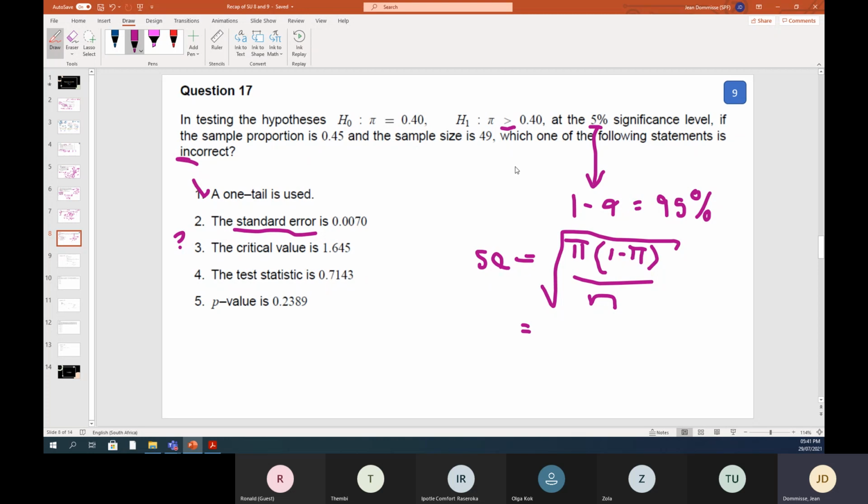So anyone? So do we use that value of 0.4, or do we use that value of 0.45?